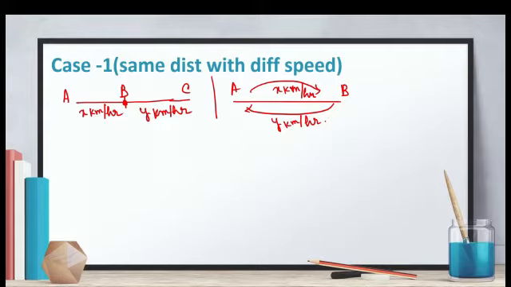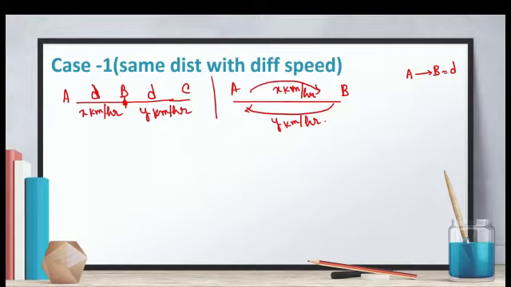In both the cases, the distance from A to B is d. A to B is d, and B is the midpoint of AC here, so the distance from B to C will be d also.